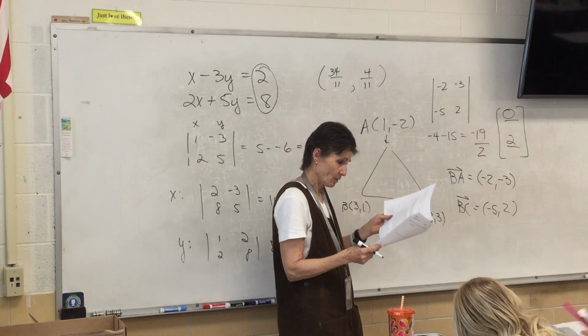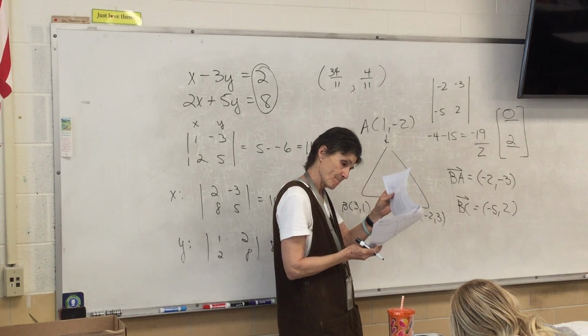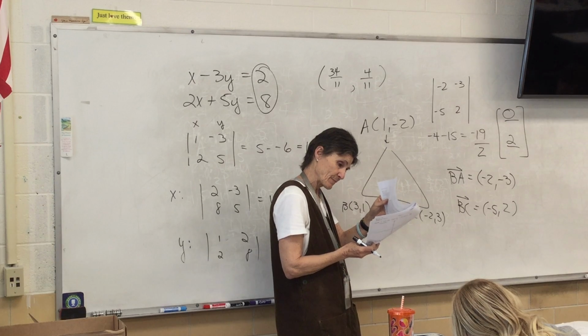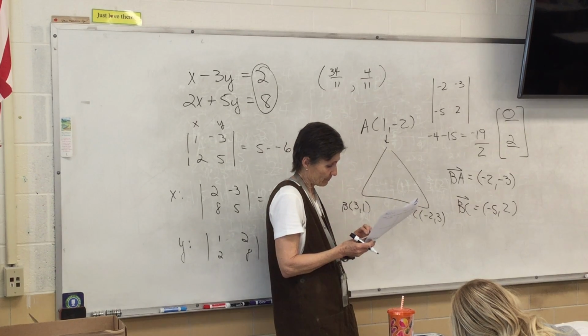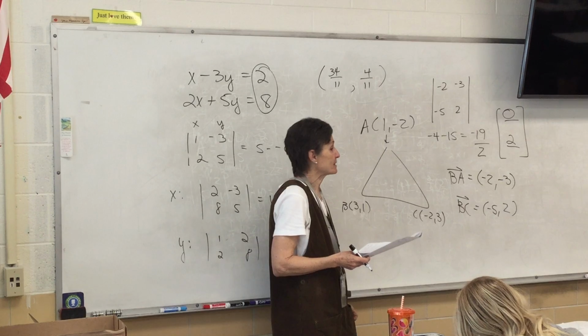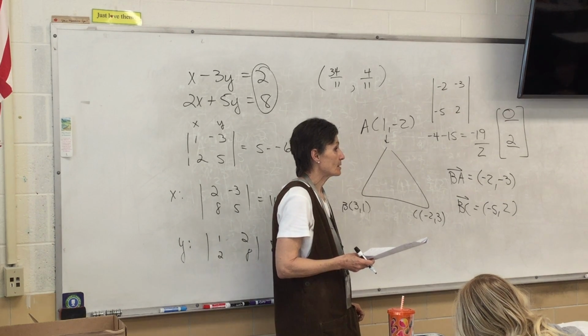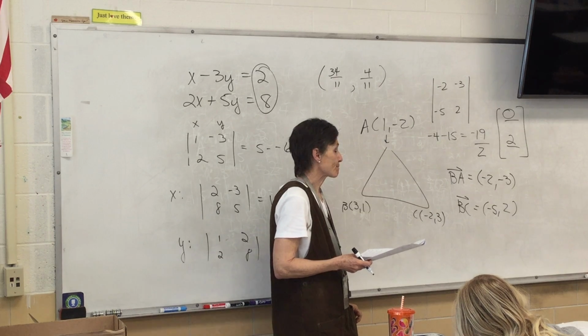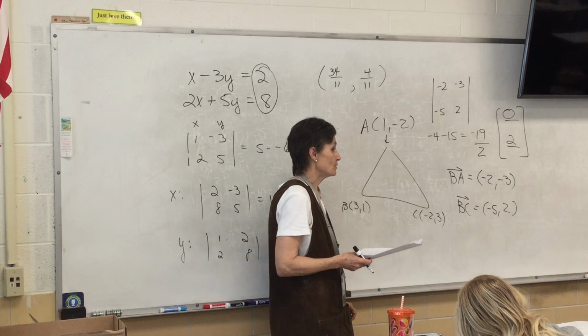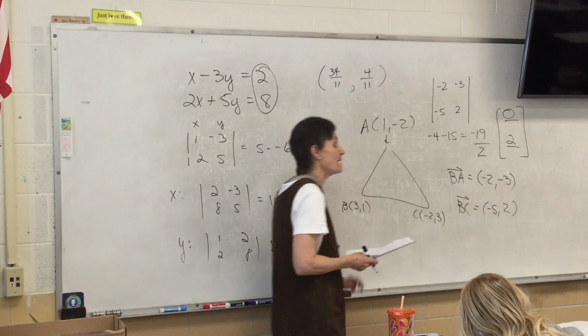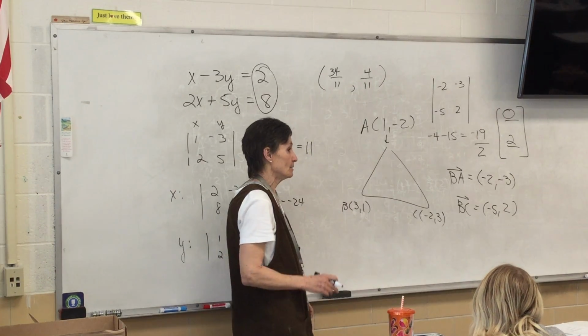Question about that. Okay. If you use different vectors, your numbers are going to be different, and you're right, but the determinant's going to be the same. Either 19 or negative 19, no matter what.